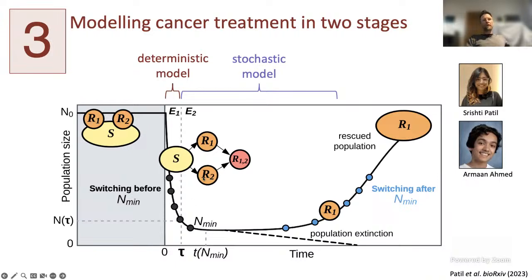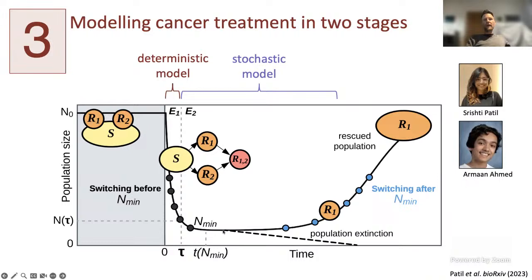But also during this time, we see further evolution, which means that we can have mutations from the R1 cells to R12, which are resistant to both treatment types, and from R2 also to doubly resistant cells. And then at some point, we introduce a second treatment, and we can apply it at any of these blobs: either before N-min, at N-min, or switching after N-min.